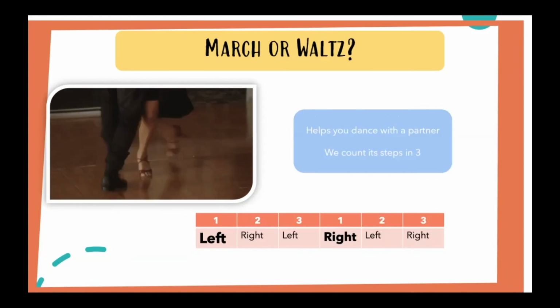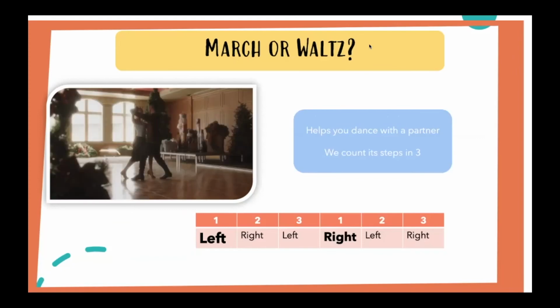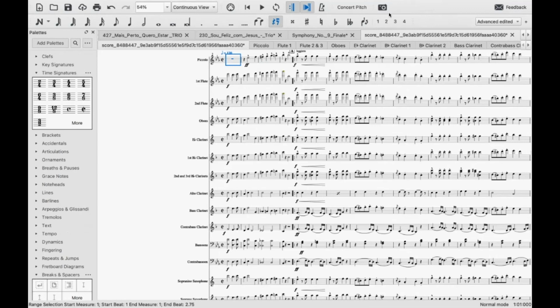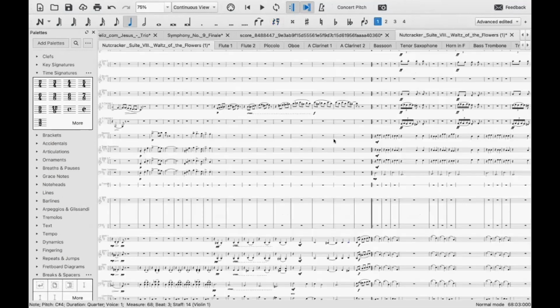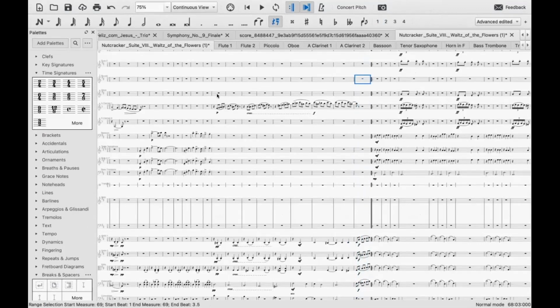That's how a waltz is counted. And I have here an example of a waltz as well. This is a very famous waltz. I'm just gonna play a little part of it, and let's see if you guys remember this song.